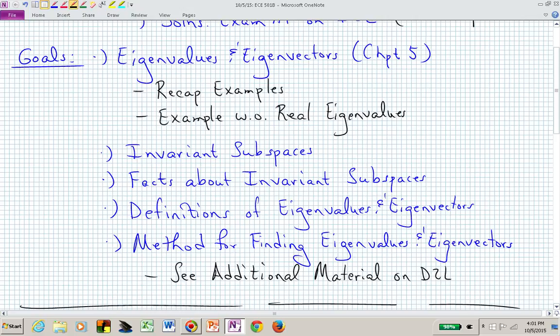Then we will go through some definitions, and I think I will just post on D2L a few pages of write-up on how you might find eigenvalues and eigenvectors without using the determinant. It's a more algebraic approach to trying to find this characteristic polynomial that we don't yet know exists in that form. We're not going to use the determinant.